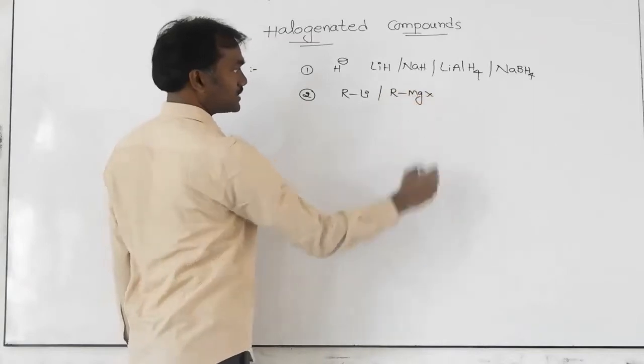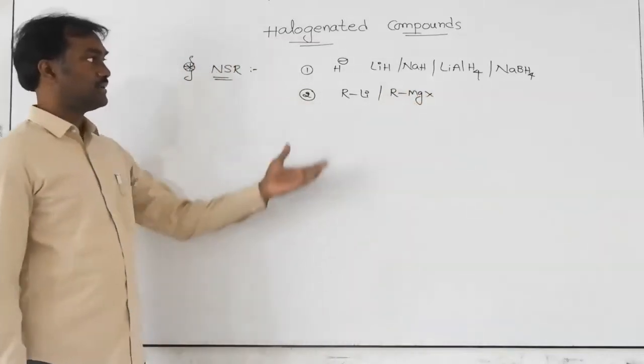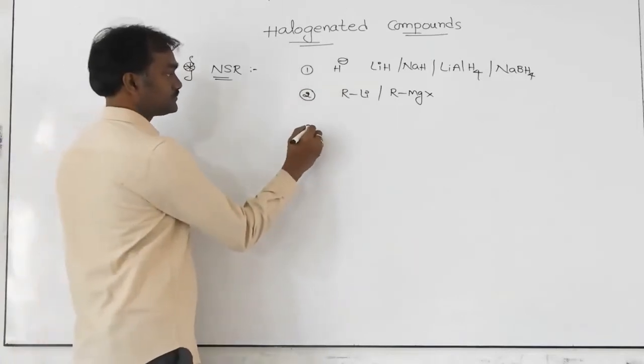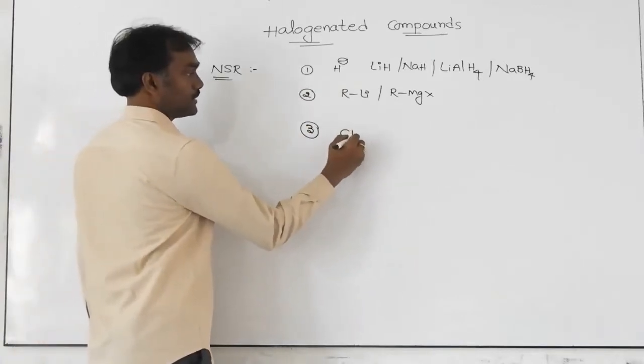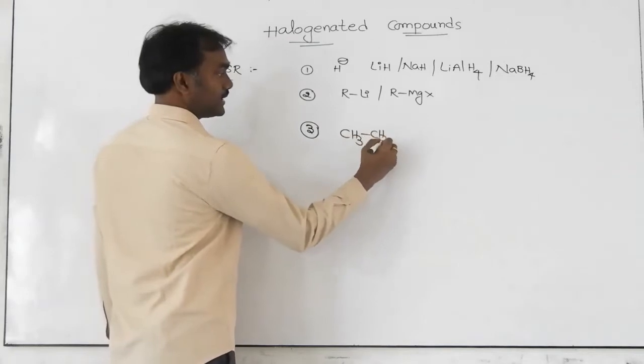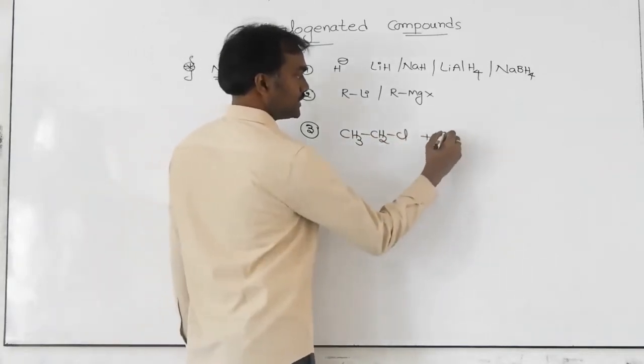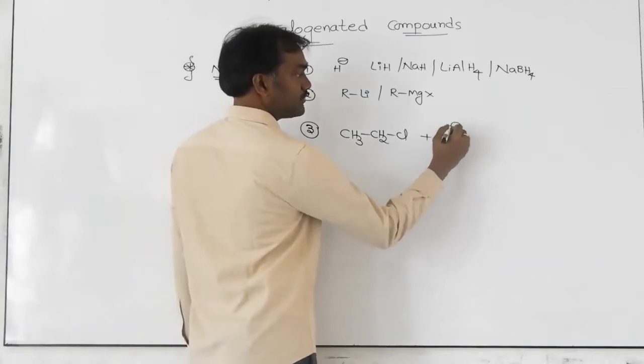So the Grignard reagent with alkyl halide we have completed. Next, third: alkyl halide treated with sodium acetylide.